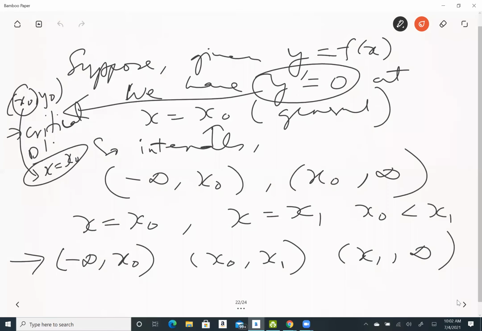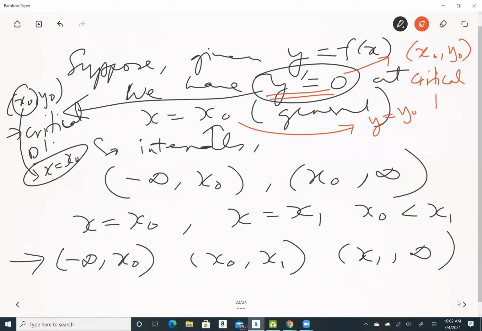So now we set y prime equal to 0, and the value of x is x0, and then you will get the value of y will be y0. So the point where the y prime is equal to 0 would be (x0, y0). Okay, so this point, you call it critical point.